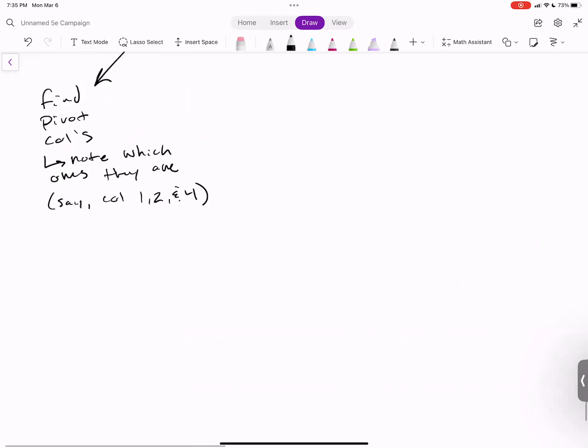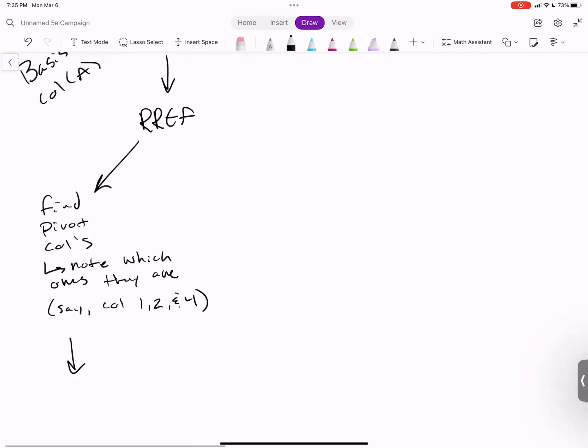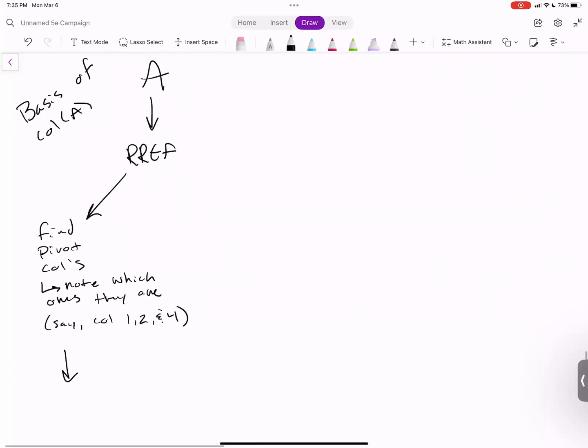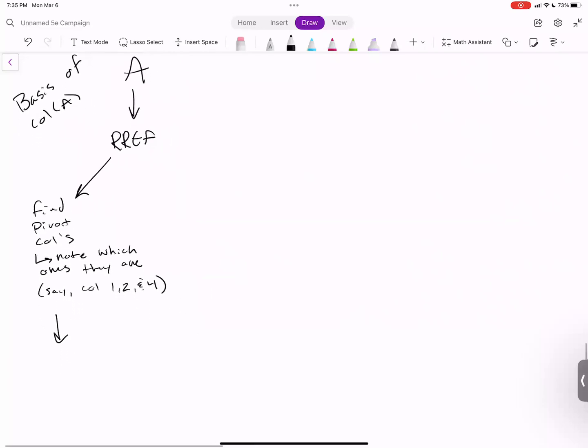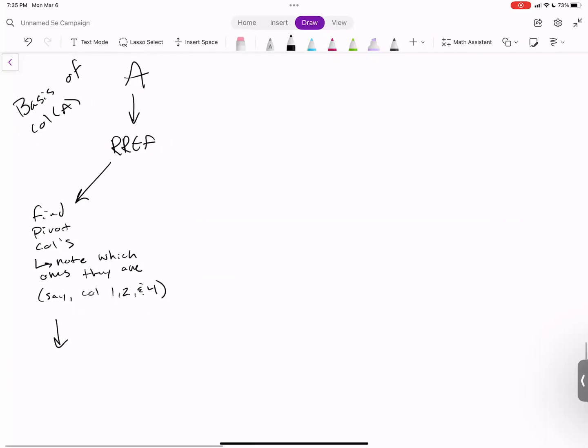Then my basis is equal to the pivot columns of the original A, not the reduced row echelon form.